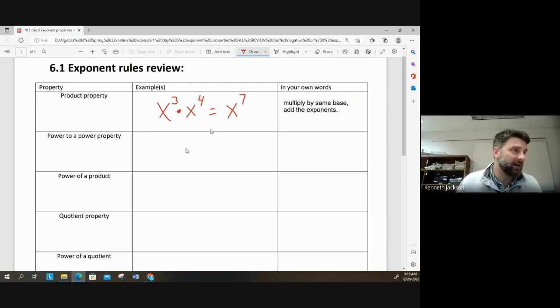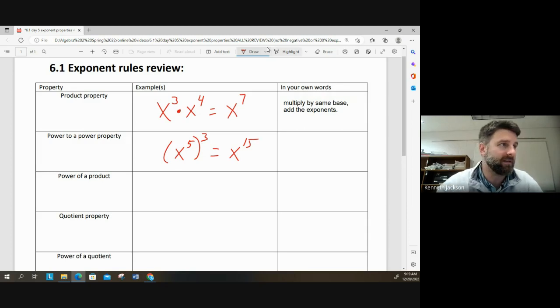The second rule that we came across was power to a power. And that is if you have a power like x to the fifth, we have the power of 5 raised to another power, x to the fifth to the third, a power to a power. When you have a power to a power, we can multiply the exponents. That would be x to the 15th.